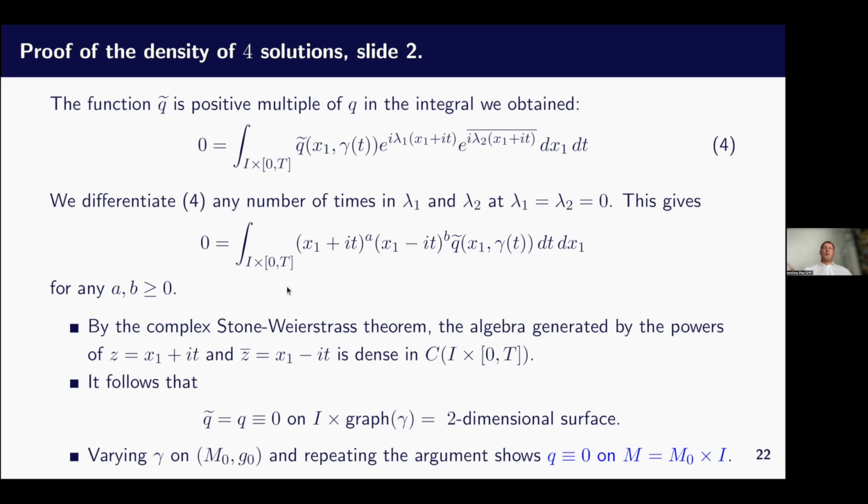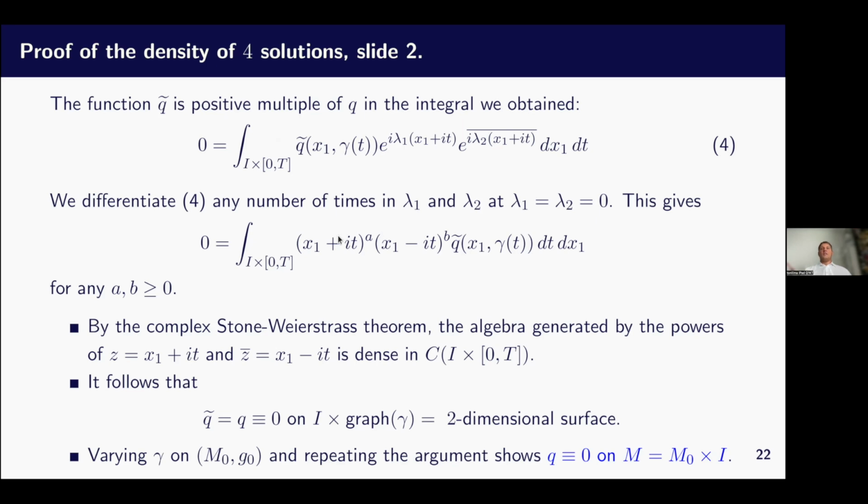So now, of course, you see that this is just a complex number z, and this is the complex number z bar. So we have here z to the power a, z bar to the power b, and then by just the complex Stone-Weierstrass theorem, the algebra generated by z and z bar is dense.